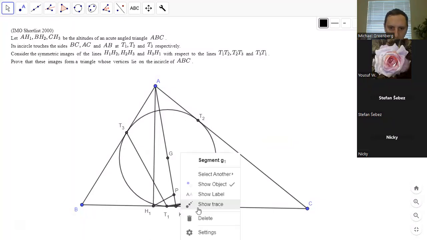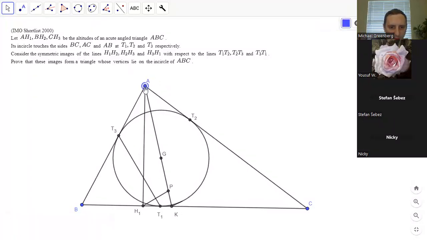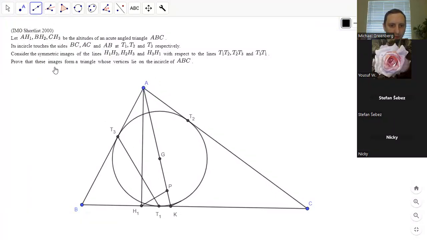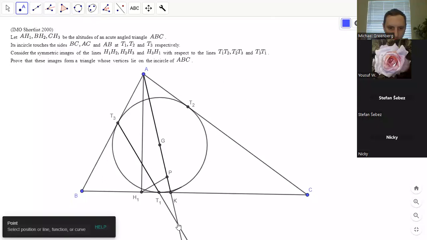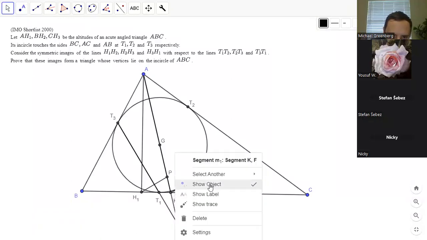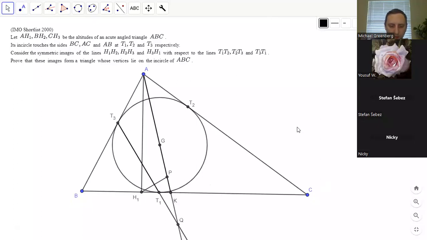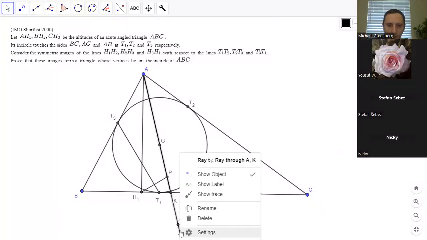Can you draw the intersection of line T3, T1 with AG, with the angle bisector? Yes. Let's say it's G prime. Okay, Q. Just going to make these segments.